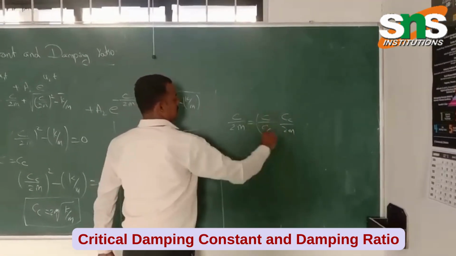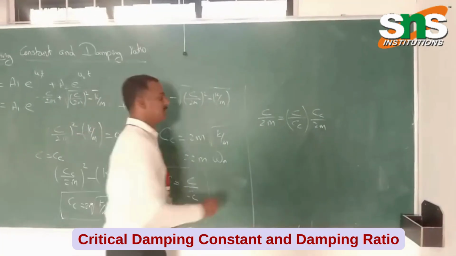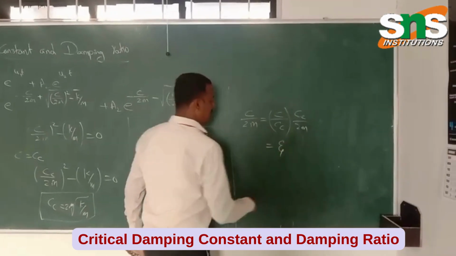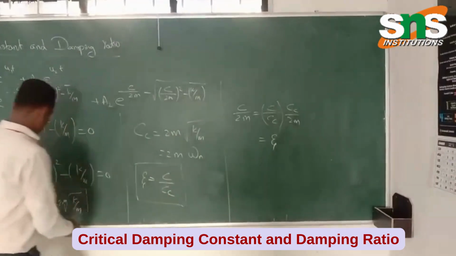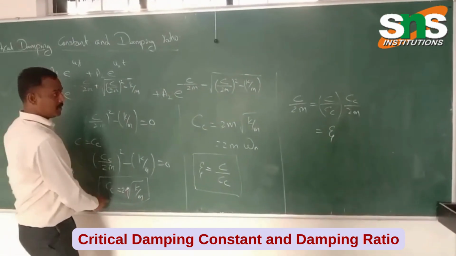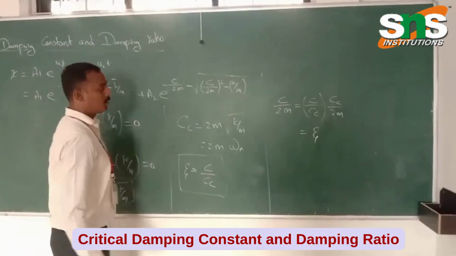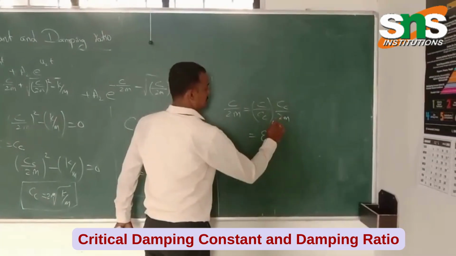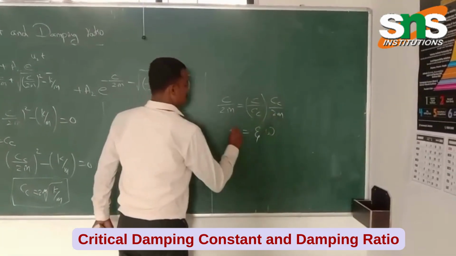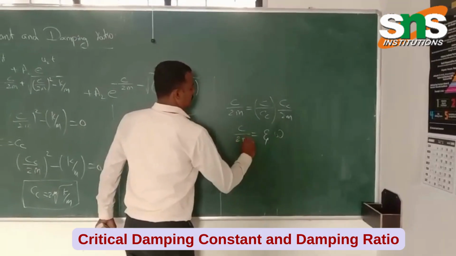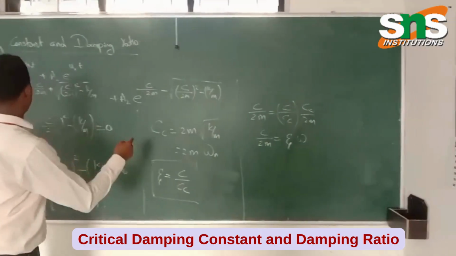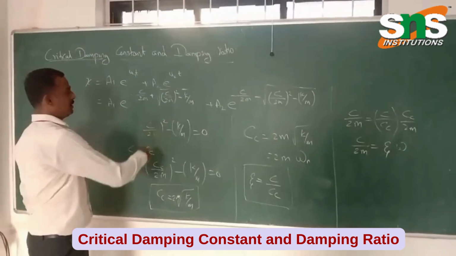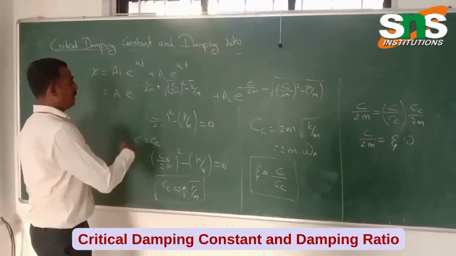So c by cc is the damping ratio zeta, and cc by 2m will be omega. So we can replace this c by 2m in this entire equation in the form of the damping ratio.